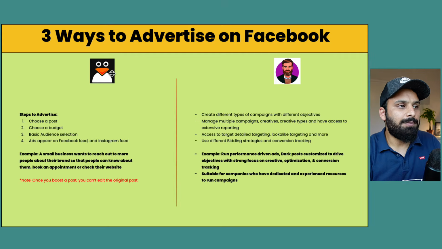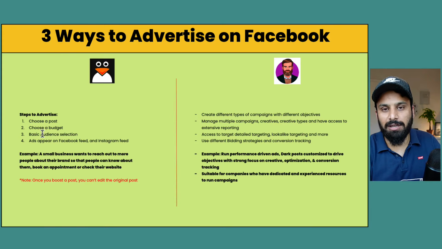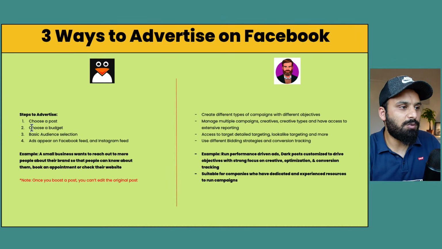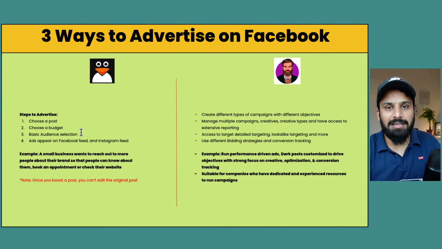Now, this might be a bit boring because I told you we will never go through these options, but this is very important to remember, right? The steps to advertise using these two methods: choose a post. Once you click on boost post or promote, you have to choose a post, choose a budget, and do basic audience selection like men, women, age group, and your ads will then appear on Facebook feed and Instagram feed only.